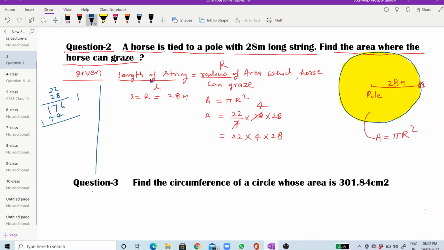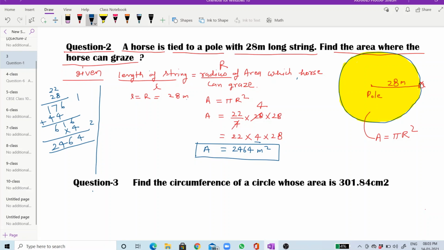So it becomes 616, then again we multiply by 4. 4 6s are 24, 4 carry 2, and 4 1s are 4 plus 2, 6, and 4. So the value will be 2464. So the area will be 2464 meter square.